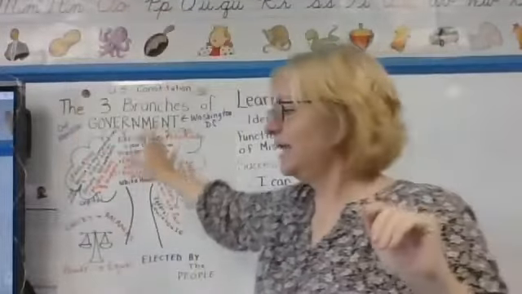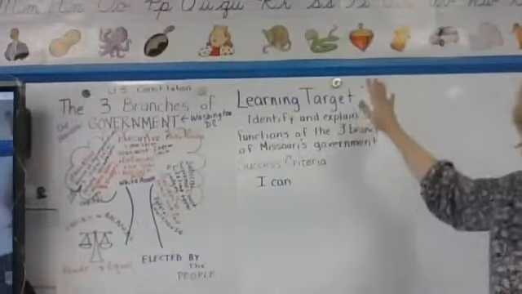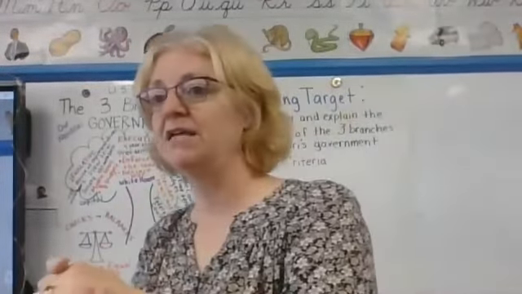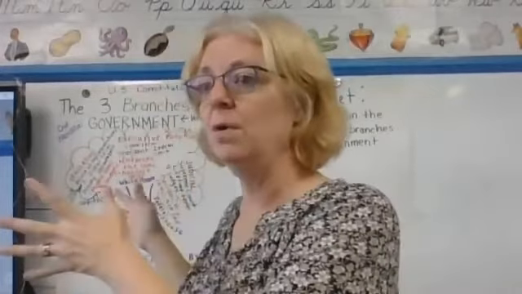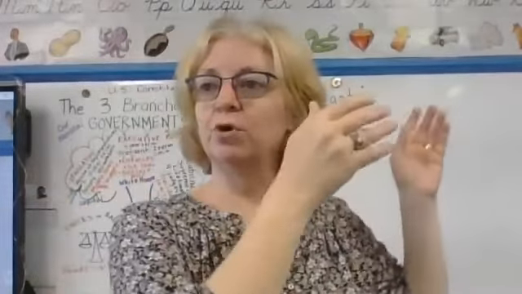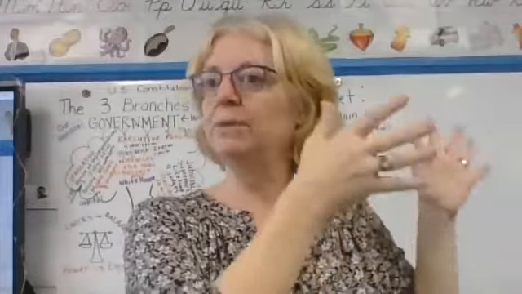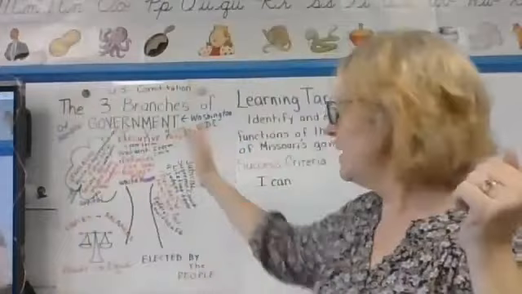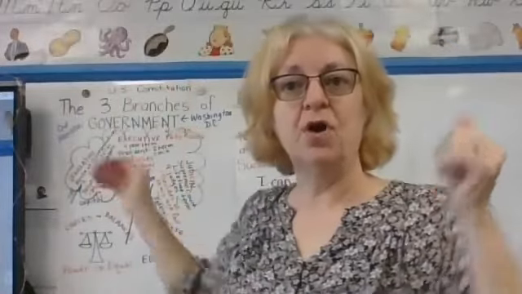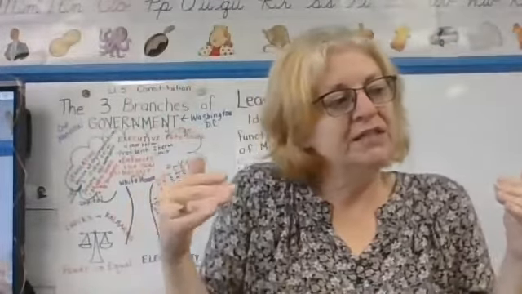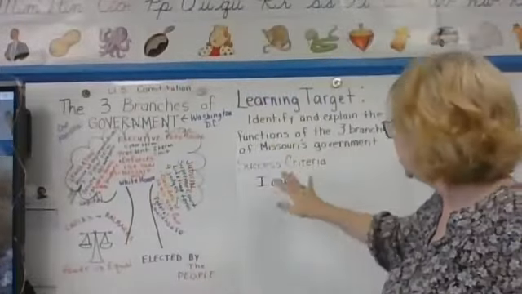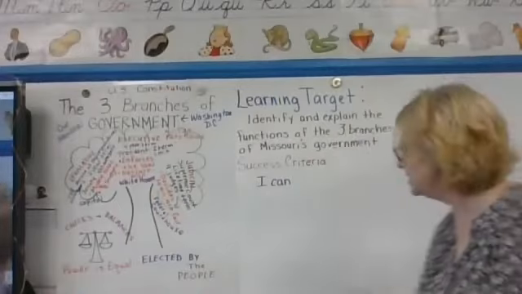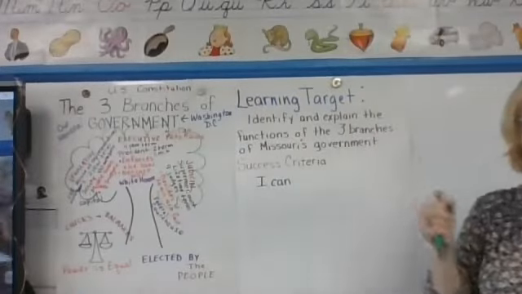Okay, so our anchor charts and our success criteria are ways for us to organize both what we know and what we're learning and where we're going. How do we prove that we know it? So when we're making our next anchor chart on the state level, what things do we have to put on it that show we're successful in our learning, that show that we did learn this? So what things should I show?